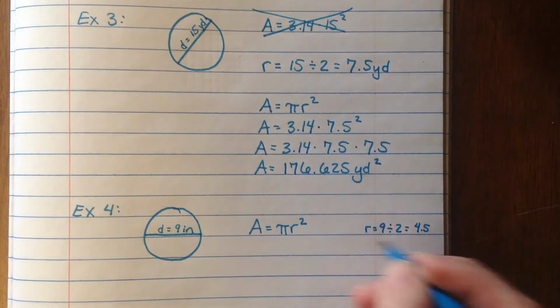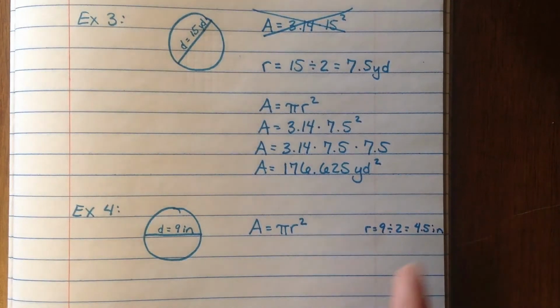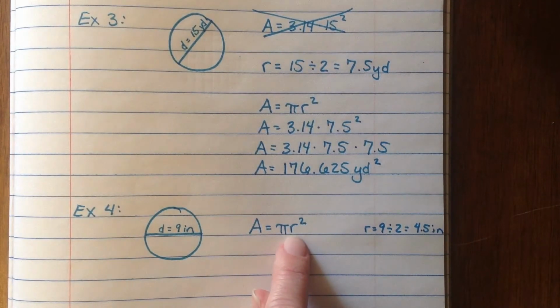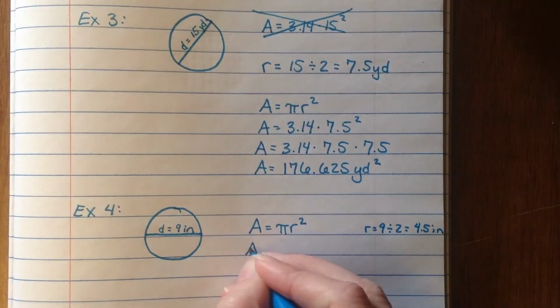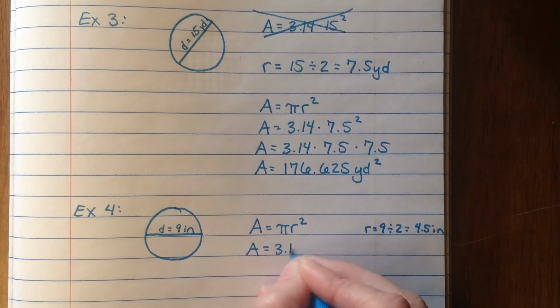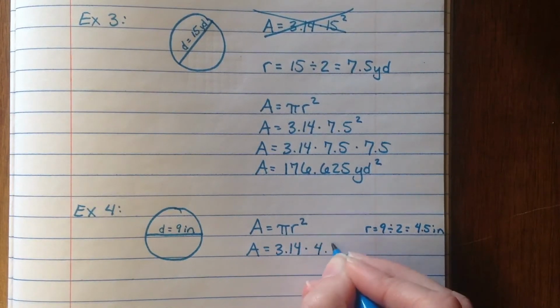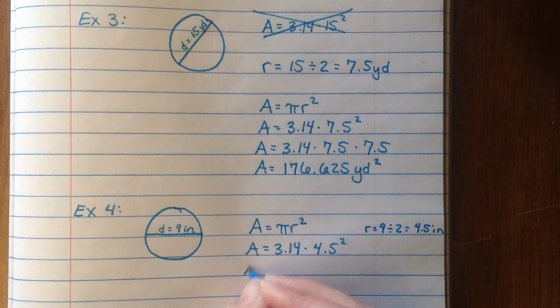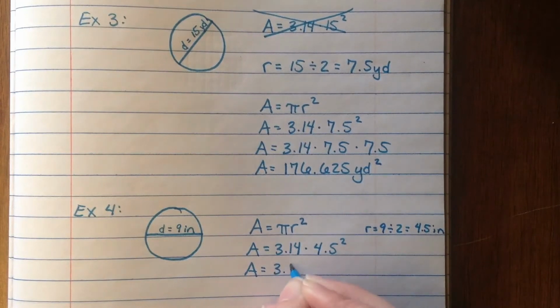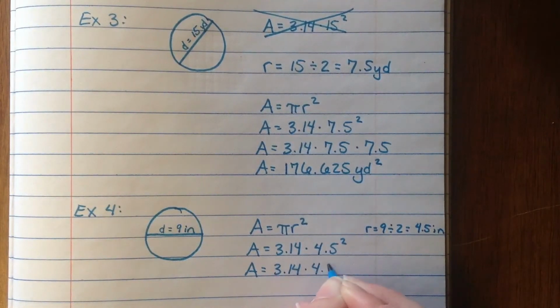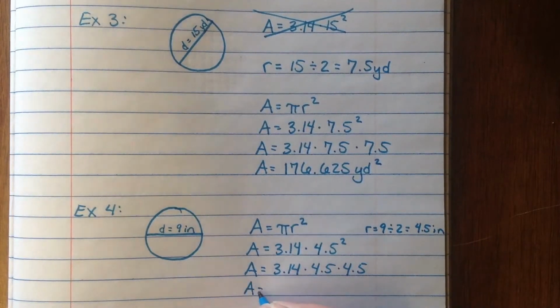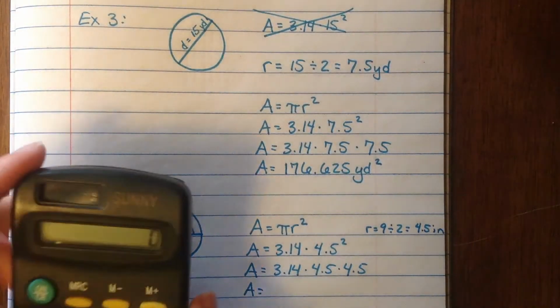So my radius is actually 4.5 inches. That's the number I'm going to plug in for my r. So I'm going to go ahead and plug those numbers in. Area is equal to 3.14 times the radius, which is 4.5 squared. That squared means actually to write it twice. 4.5 times 4.5. And we're going to type those into our calculator.